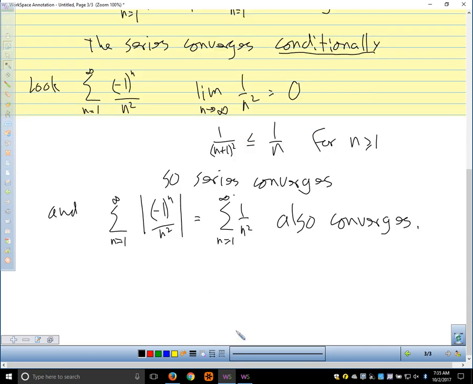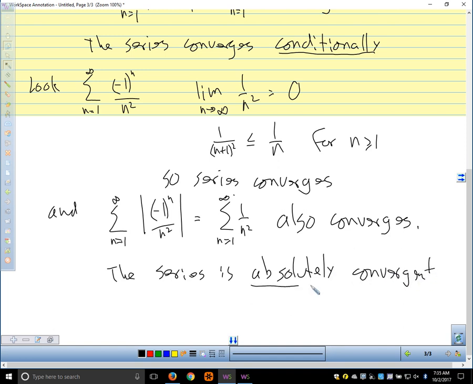So we call this series absolutely convergent. So the alternating series converges and the absolute value series converges.